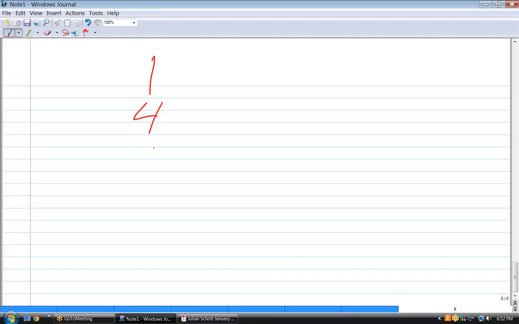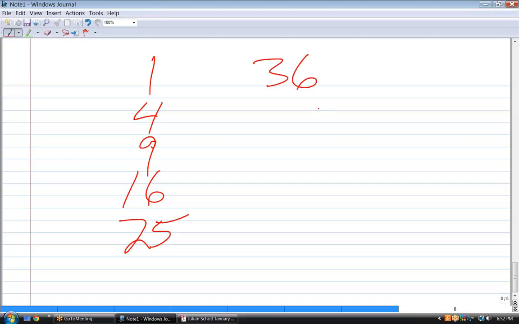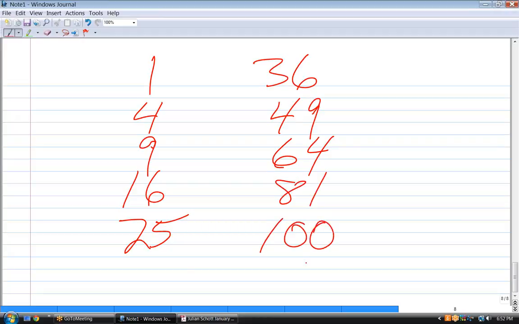What's 3 squared? 9. 4 squared? 16. 5 squared? 25. 6 squared? 36. 7 squared? 49. 8 squared? 64. 9 squared? 81. 10 squared? 100.